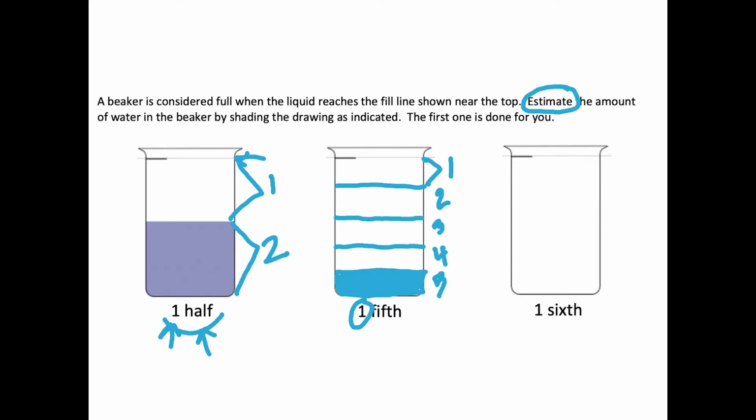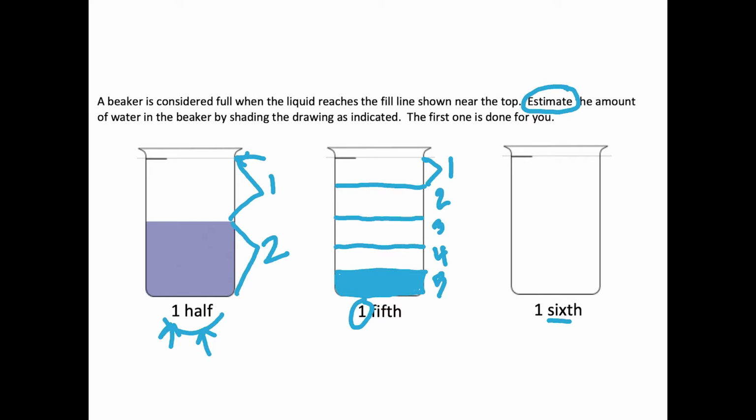Now we have 1/6. Okay, I need to partition this whole beaker into 6 parts, right? 6 means 6. So 6 equal parts. I'm going to put 6 fingers up in the air. Do that with me. I'm going to put one of my fingers down. How many lines am I going to do? 5 lines.